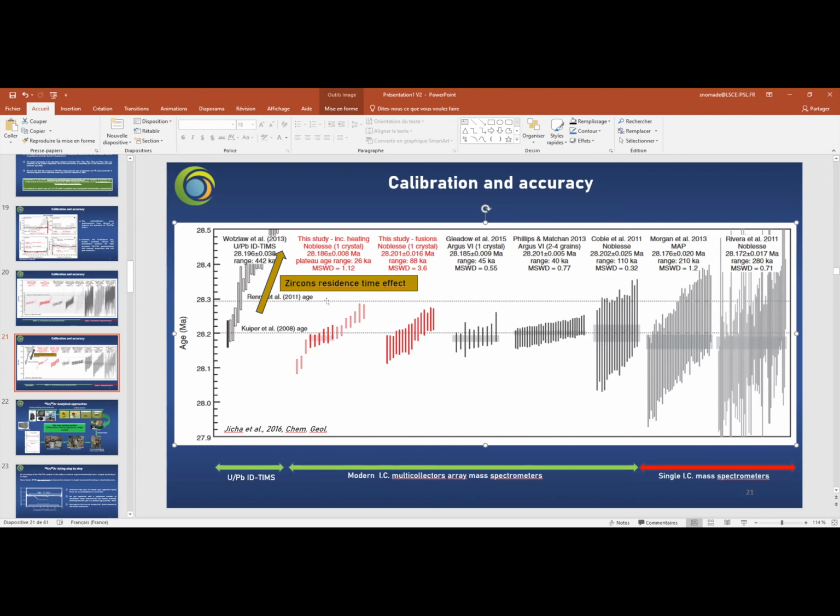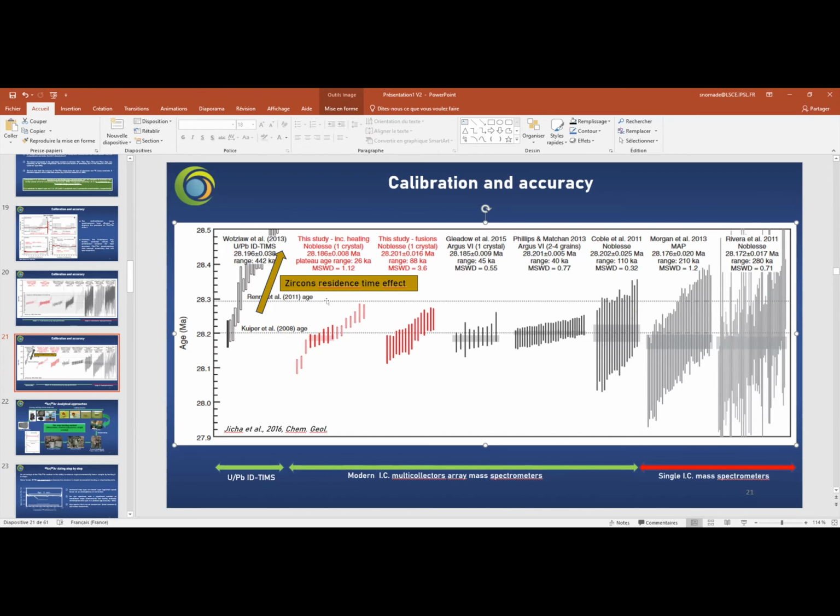Yes, but you mean that you should have a decay constant for uranium-lead that is in agreement with the decay constant of argon, but they will give an agreement only for one data point. It doesn't matter. The duration will not be affected by the decay constant. The decay constant is something that you add at the end.